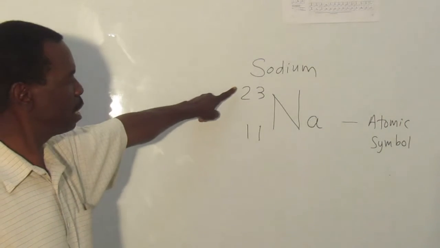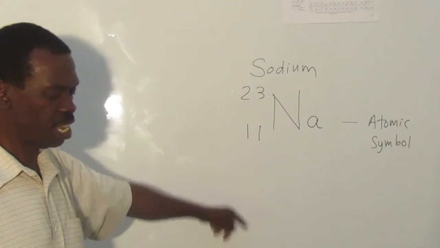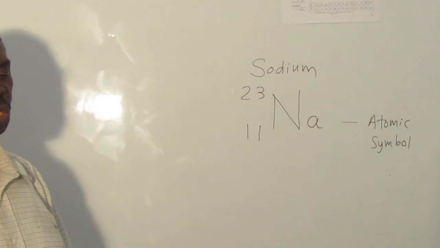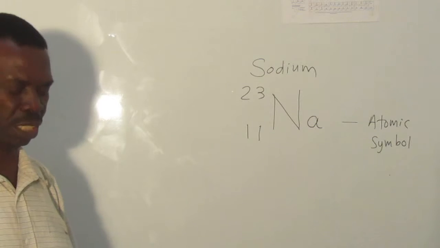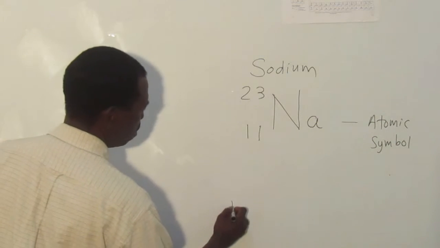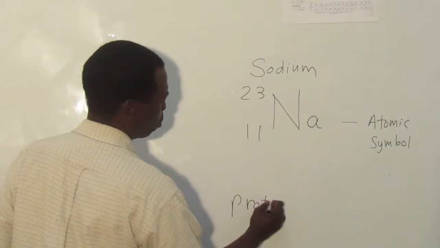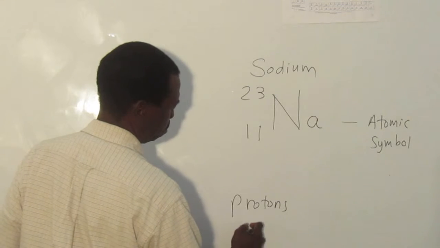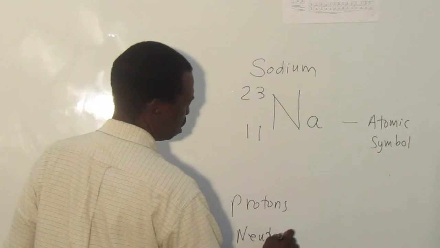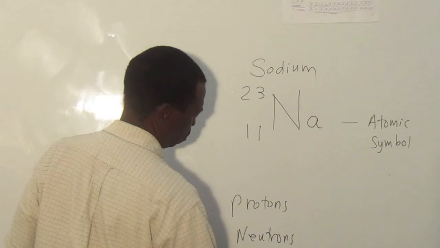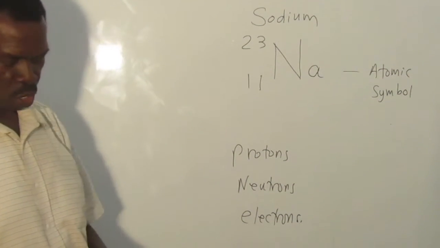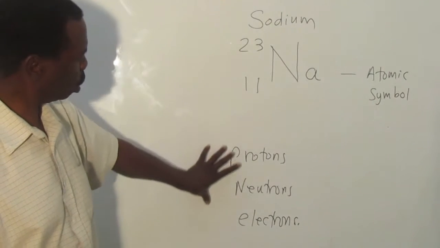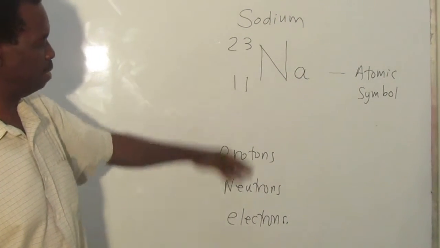Now, these numbers like 23 and 11, remember last time we talked about 3 subatomic particles. I'll repeat them. These are protons, neutrons, and electrons. So here, you're now going to associate these with these numbers.